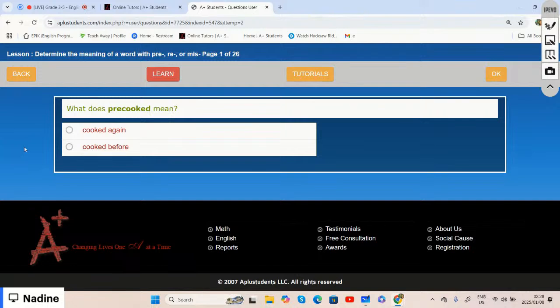So what does pre-cooked mean? Does it mean it's cooked again?